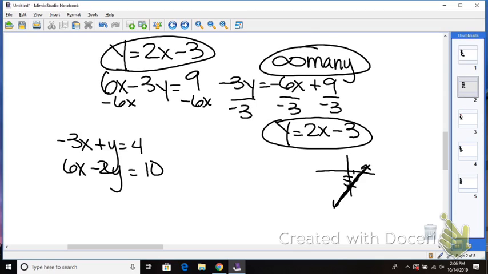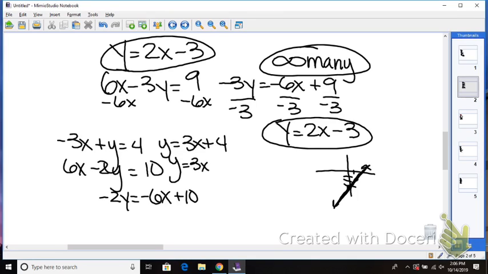What happened with these two lines, this side of the room? They are parallel. So when we graph this, we got y equals 3x plus 4. And over here, I subtract my 6x, and when I divide by 2, I get y equals 3x minus 5.